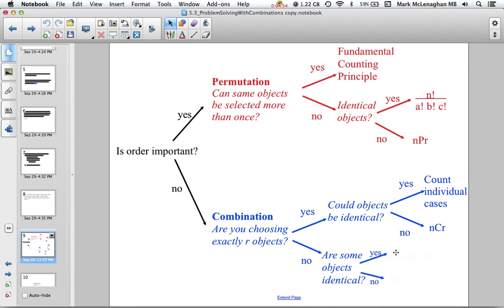If yes, then use the (P plus 1)(Q plus 1)(R plus 1) minus 1 formula. If there are no identical objects, use 2 to the n minus 1. This is a chart to help figure out some questions to ask yourself while you're working through the problem, to figure out which formula to use. And then use that formula.